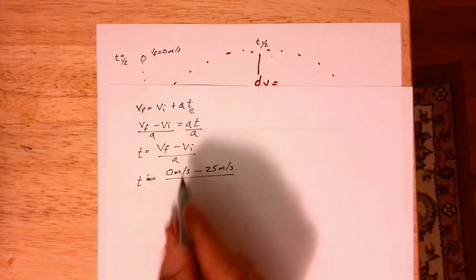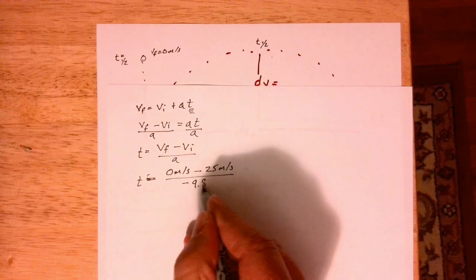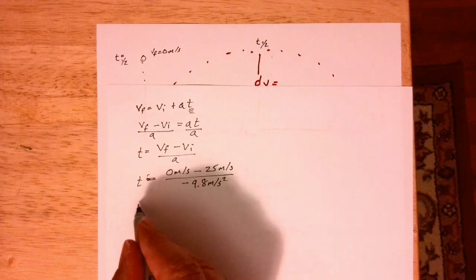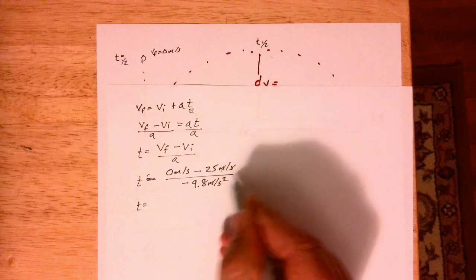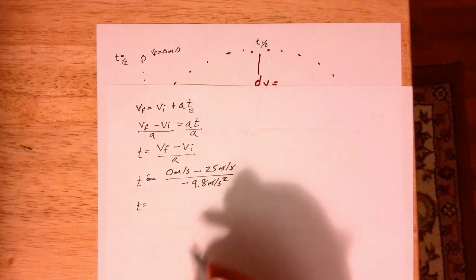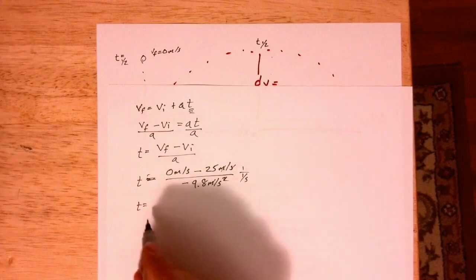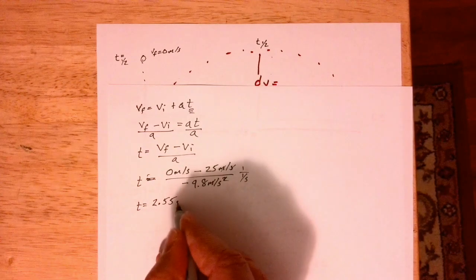Since it's going up against gravity, it's going to be slowing down, decelerating at negative 9.8 meters per second squared. When you work this out, the meters cancel out, one of the seconds cancels out, leaving 1 over 1 per second, which gives a value in seconds, and I end up getting about 2.55 seconds.